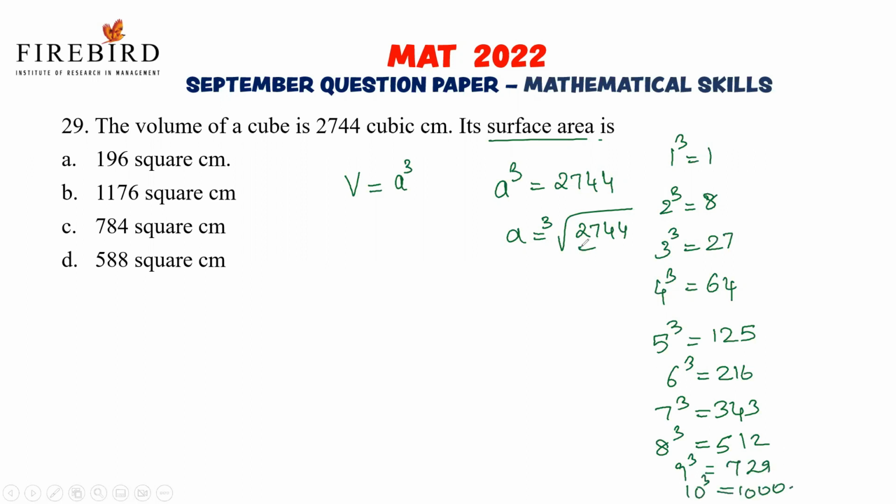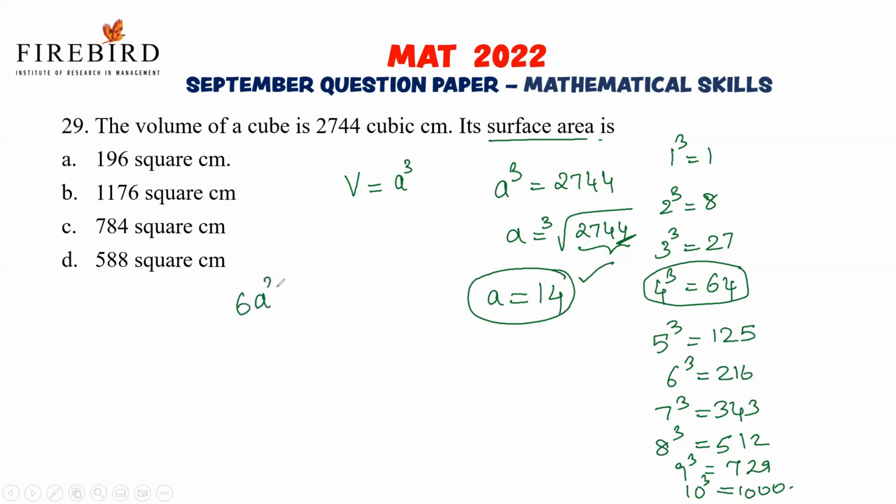So the value is more than 1000, and it ends with 4. Only 4 cube will end with 4, so you can assume that the value of a is 14. If you take the cube root of 2744, the value of a is 14.